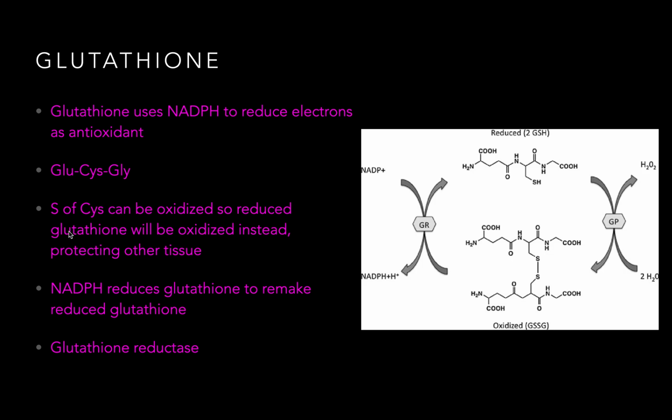So glutathione is our sacrificial lamb, if you will. NADPH reduces glutathione to remake the reduced glutathione using this enzyme, creatively named glutathione reductase. As you can see here, this is our superoxidant, also known as hydrogen peroxide, and we will turn it into water, which can be excreted.